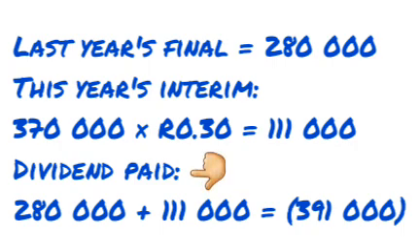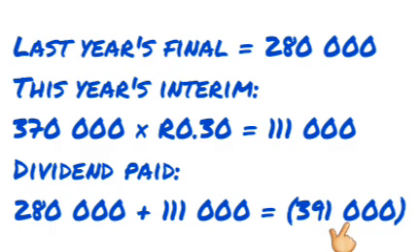So to calculate this year's dividend paid, it's 280 of last year's final plus the interim this year, which is 111,000, and it gives me 391,000 rands in bracket. Why? Because it's a cash outflow.